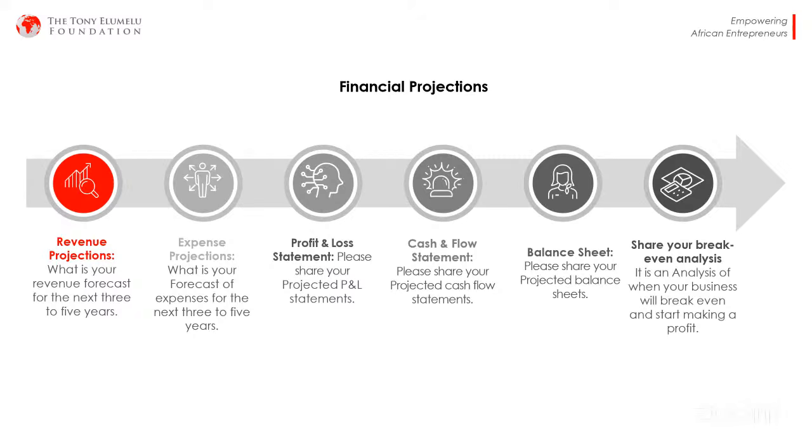You have your costs, which then lead to your profit and loss, and then your cash flow statement, your balance sheet, and your break-even analysis. Now, the template is designed in such a way that you don't need to calculate all of these yourselves. I think that is one key thing we need to know.